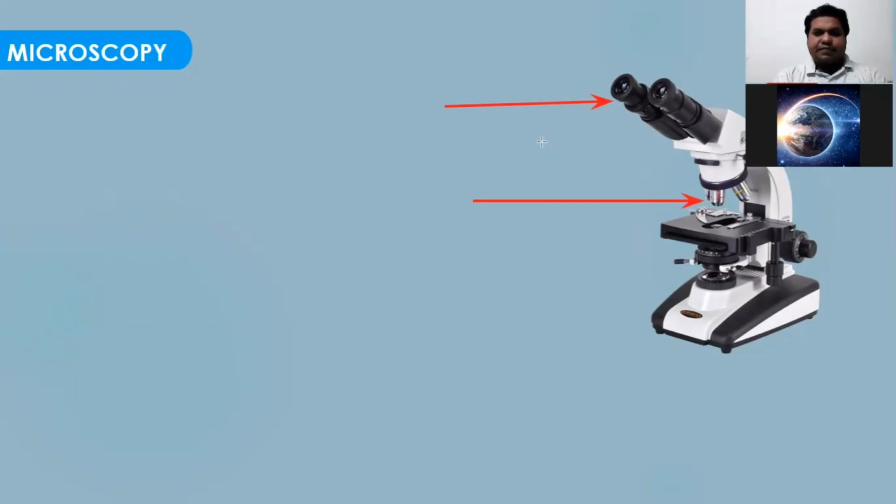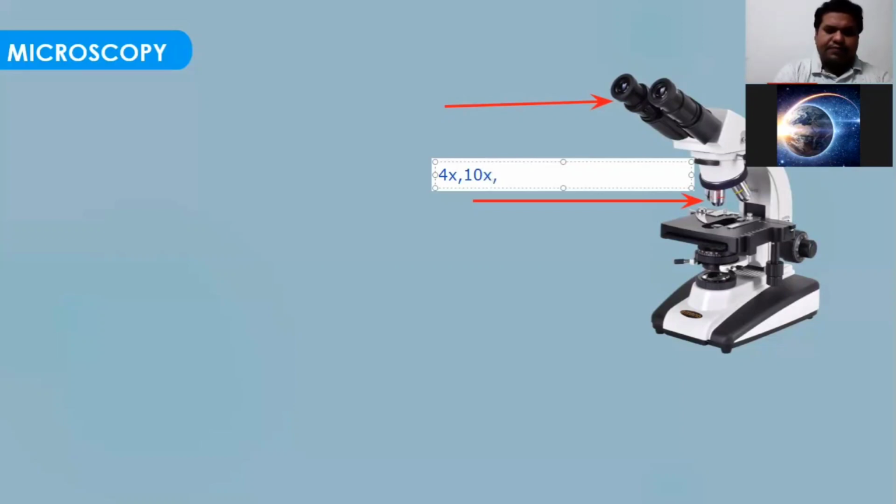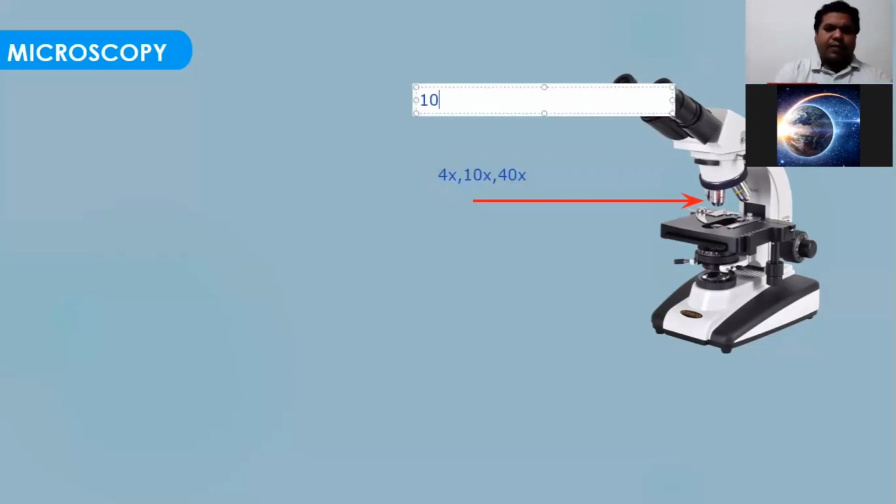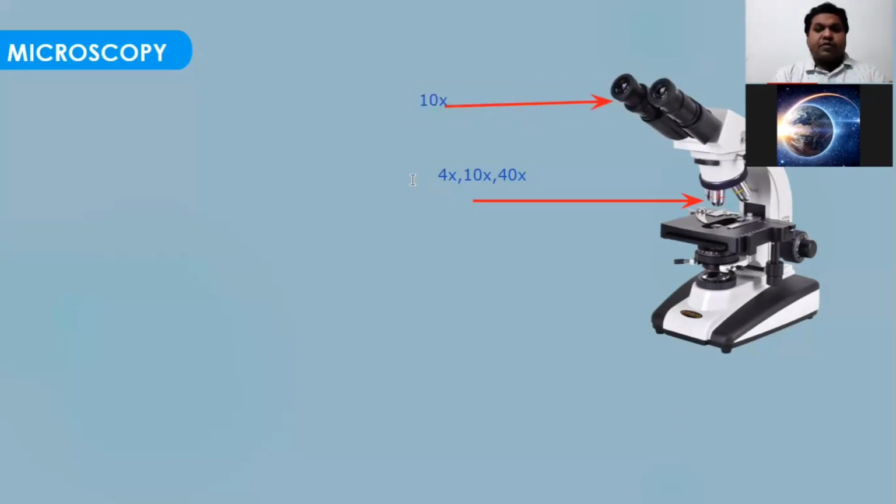These lenses are 4x, 10x, and 40x, while the eyepiece is 10x. So we always get a combined magnifying power of objective and eyepiece.